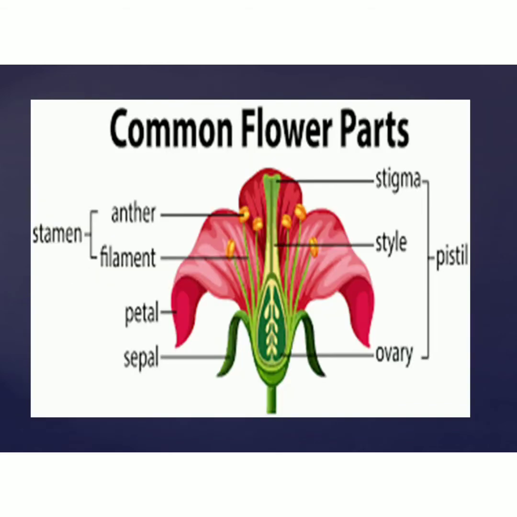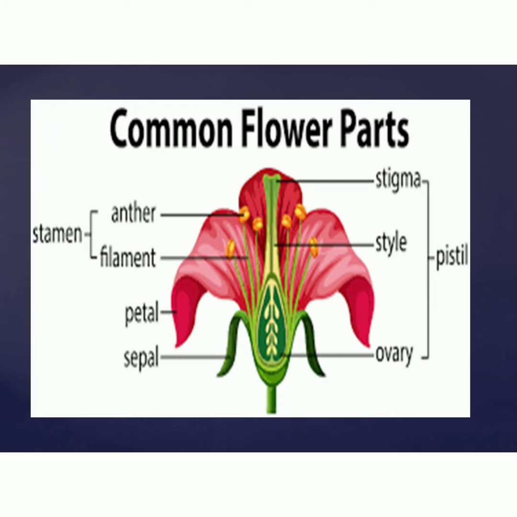Now, again we have the picture of a flower. This picture has been inserted into this video to make it a little more clear about the stamen and the pistil. The stamen is the male part. It is known as the androecium and it has two parts: the anther and the filament. The pistil is the female part.